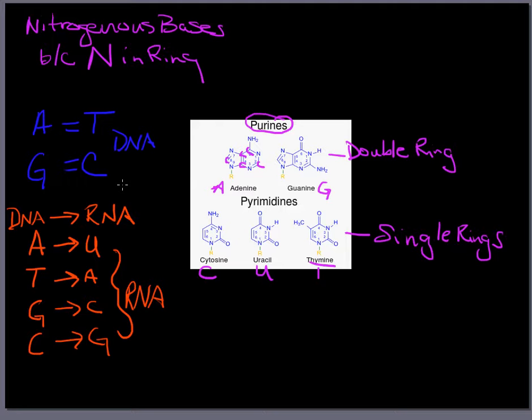So when we put together the DNA strands, there are always a purine to a pyrimidine.